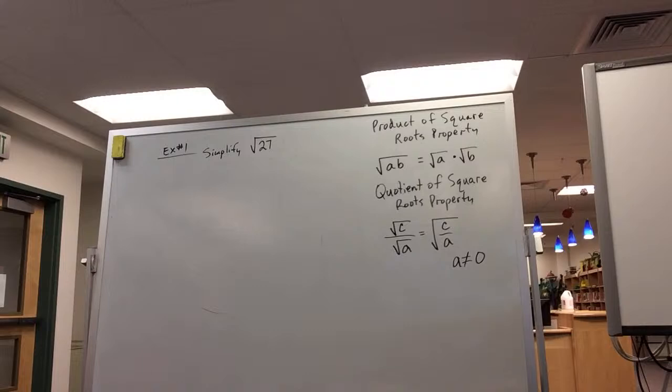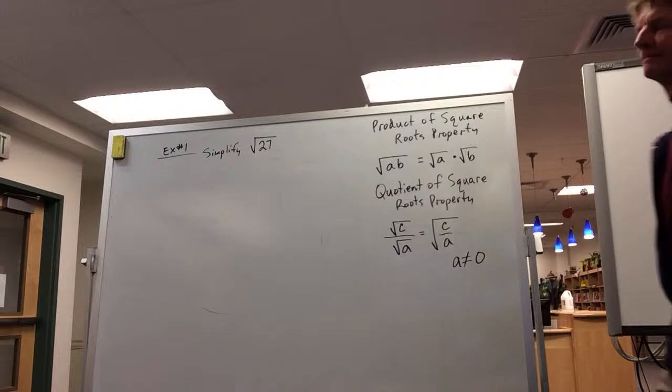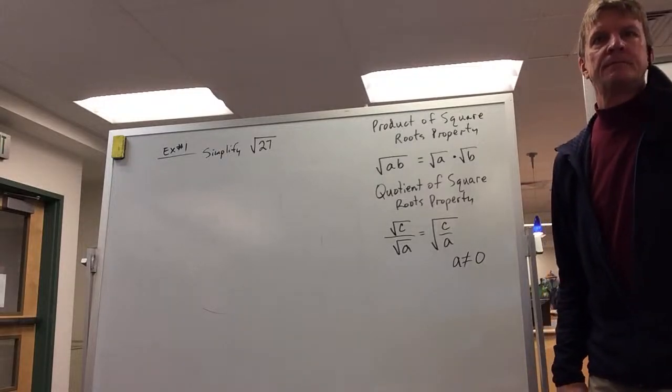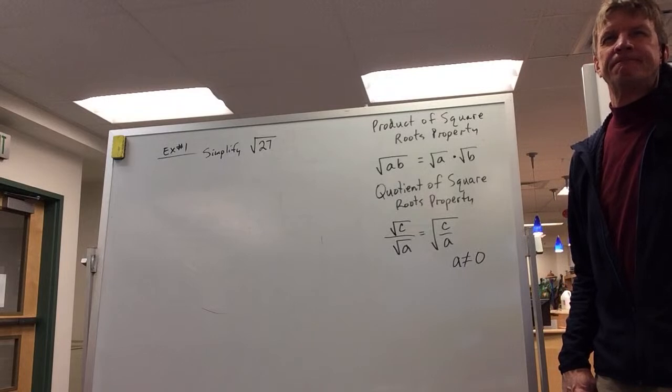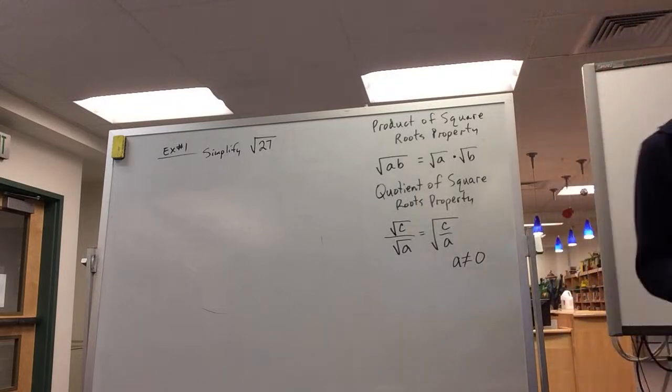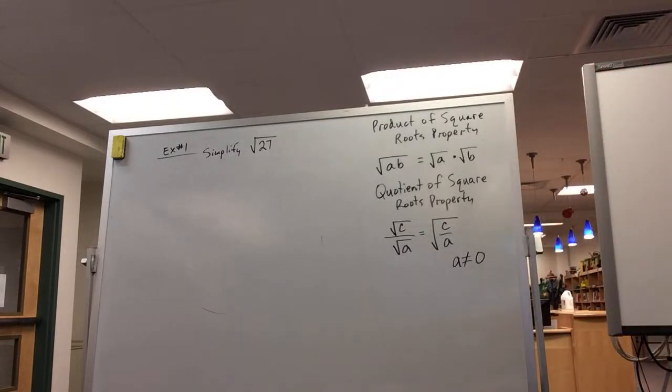Any ideas? Yeah, then you get those ugly decimals, right? We want to stay away from the ugly decimal numbers. Everything's going to be integers when we're done.